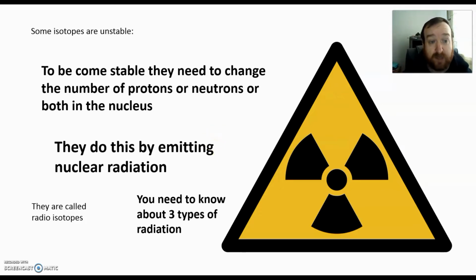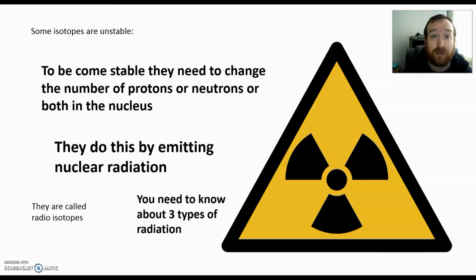To become stable, they need to change the number of protons or the number of neutrons, or both, inside the nucleus. And they can do that by emitting nuclear radiation. By emitting nuclear radiation, you can change the number of protons and neutrons. It will change what element it is, but it can become more stable by doing that.